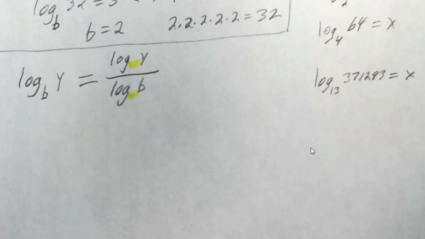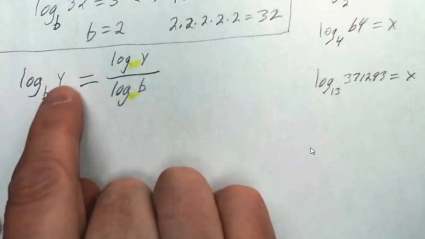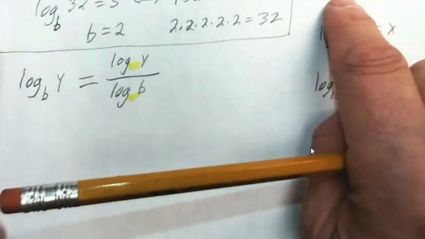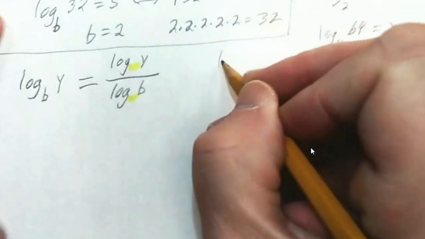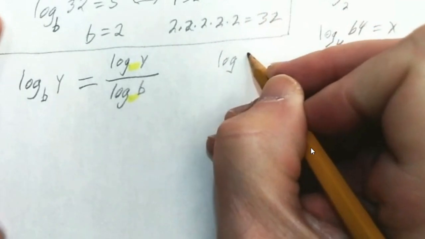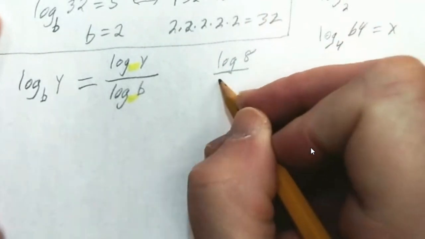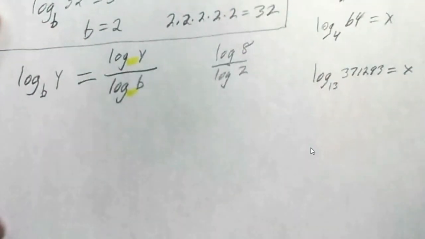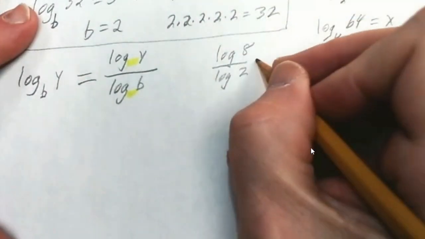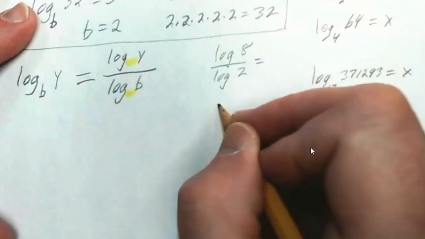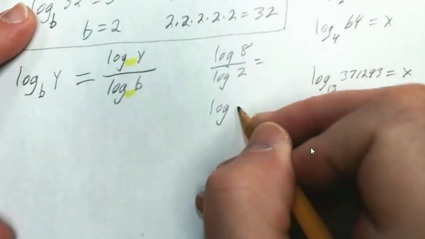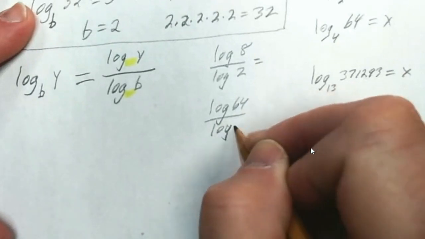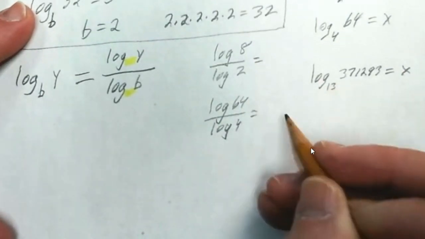So I can just punch this in my calculator as log of y over log of b. So if I want to solve this, I can take log base 10 of 8 and divide it by log base 10 of 2. If I wanted this one, I can take log of 64 and divide it by the log of 4. And that gives me this one.